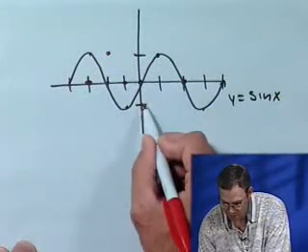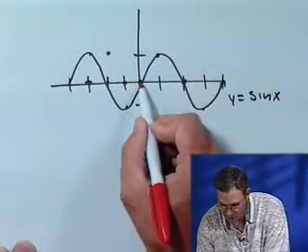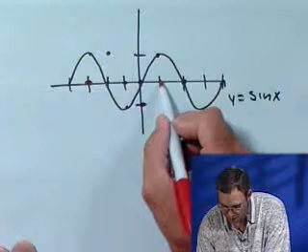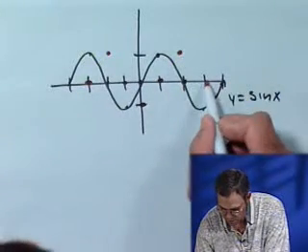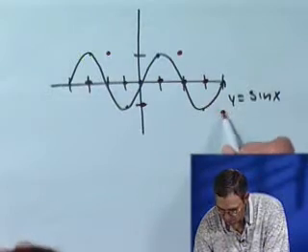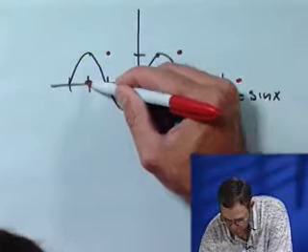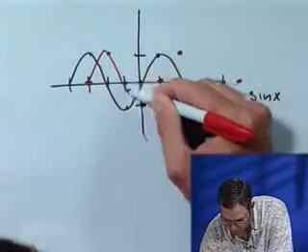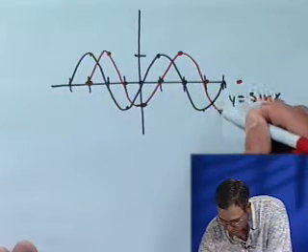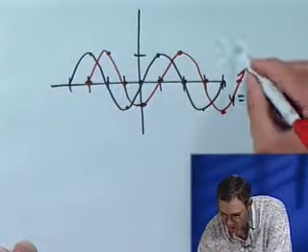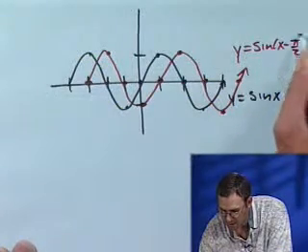This point shifted to the right pi halves to there, etc. So I'm taking every coordinate here, and I'm just going to move it over to the right pi halves units. And then we'll sketch. And there is y equals sine of (x minus pi halves).